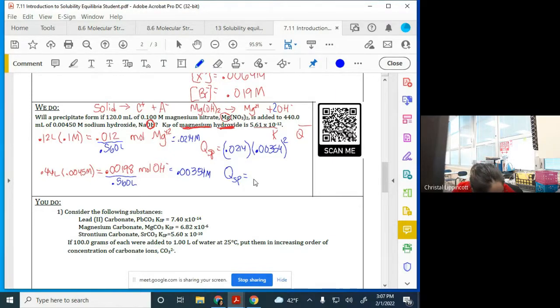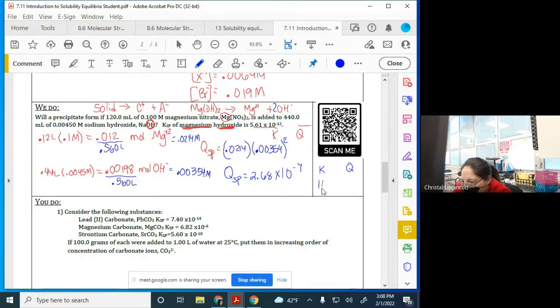All right, so QSP here, I ended up with 2.68 times 10 to the minus 7. So K versus Q, which one's bigger? Well, we don't even need to look at the beginning numbers. We can just look at those exponents and be able to tell pretty quickly.